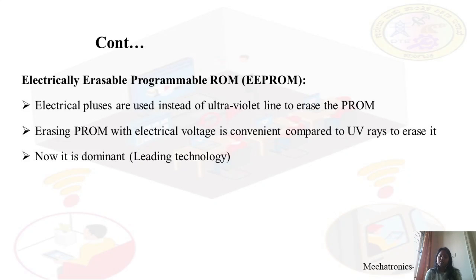Why? Because in the EPROM, when you erase, the entire program will be erased. But in case of EEPROM, whichever part we want, we can erase only that part. Understood? So the downtime will be very less and the reprogramming time is also very less. That is why today EEPROM is the leading technology. Understood?